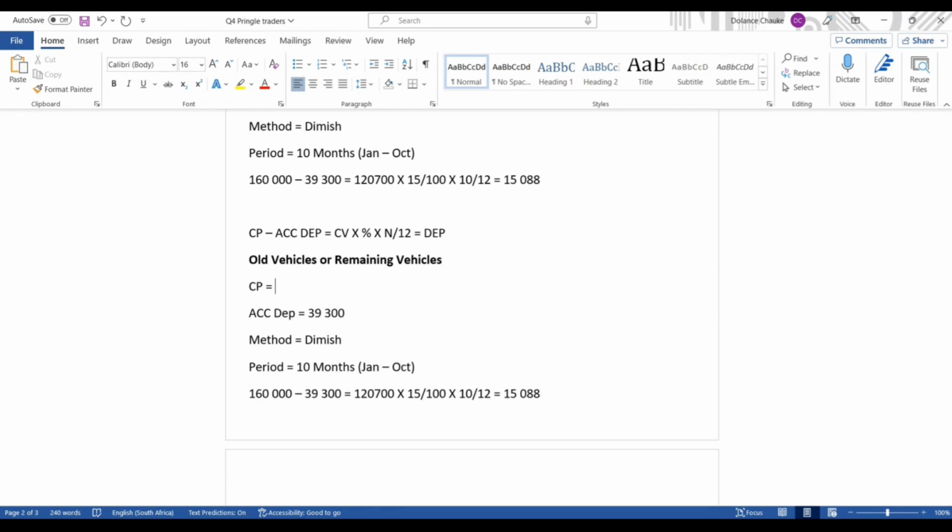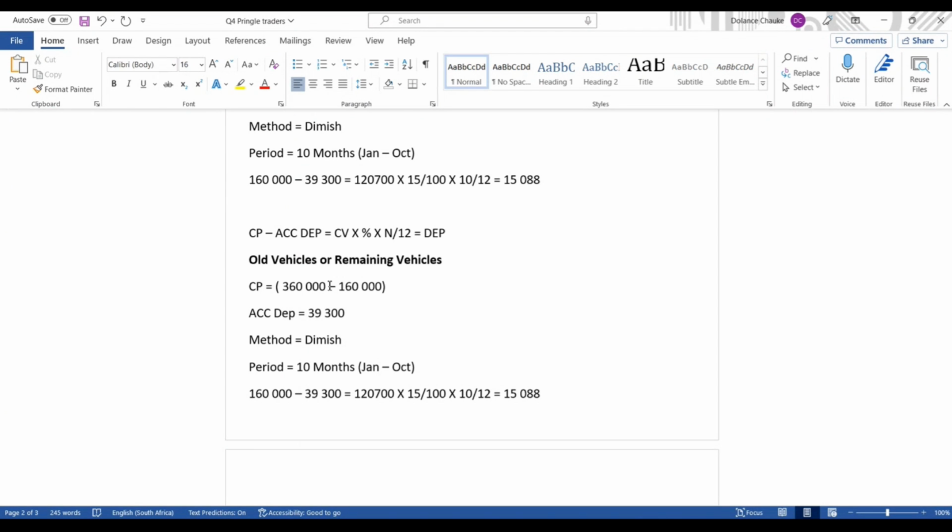In order for us to get the cost price of the remaining vehicles or the old vehicles, we have to say open brackets, 360,000 minus the disposed cost price, which is 160,000. Why are we taking the 160? Because that vehicle has been disposed. It's out.